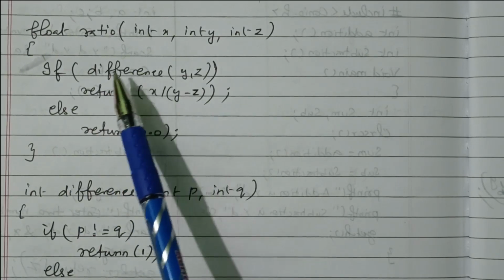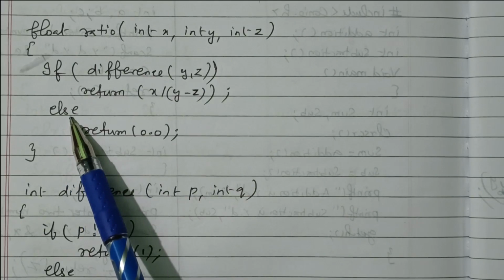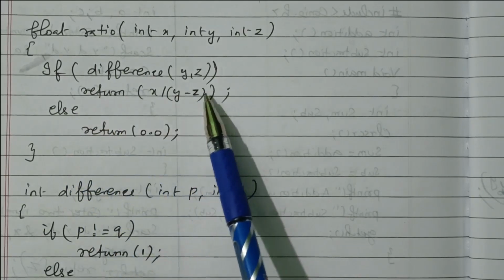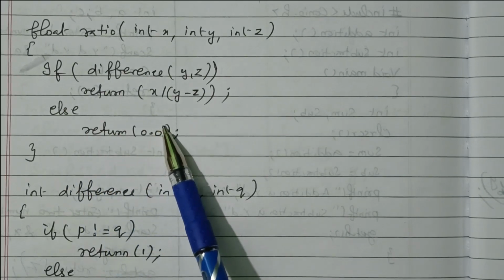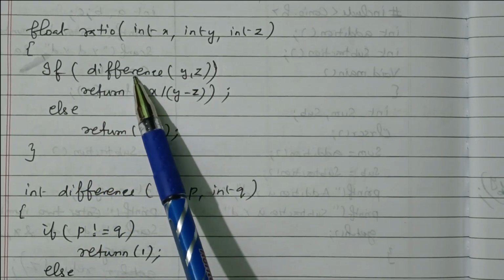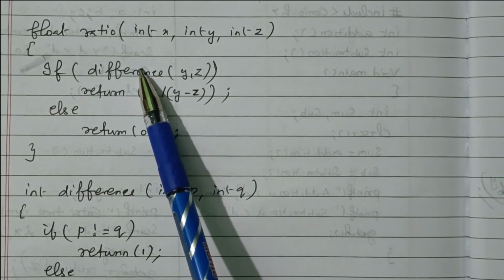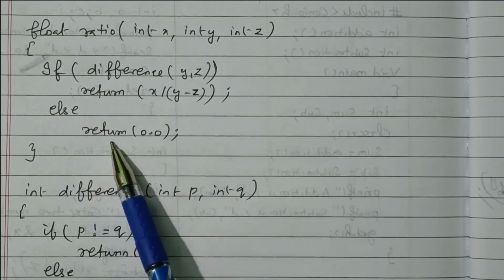If 0, it will go to else. Right? We already know that if condition. If true, this statement will be executed. False means this statement will be executed, right? So we get 1 if both are not equal. If both are equal, we will get 0. 0 means it will go to else, return 0.